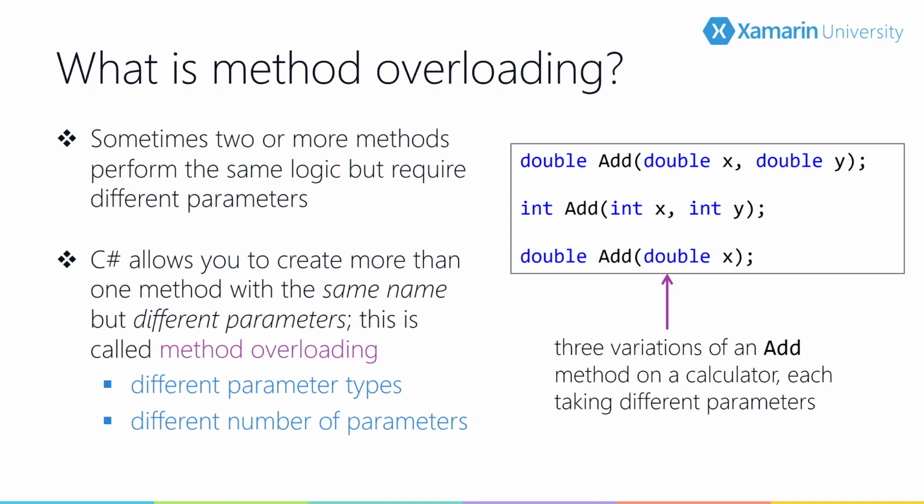So the first takes in 2 doubles, the second takes in 2 integers, and the third takes in a single double. So when you want the same logic but different parameters, you can overload by just making sure the parameters differ. So this works because there's no methods here that have the same parameters. We have 2 doubles, 2 ints, and 1 double.